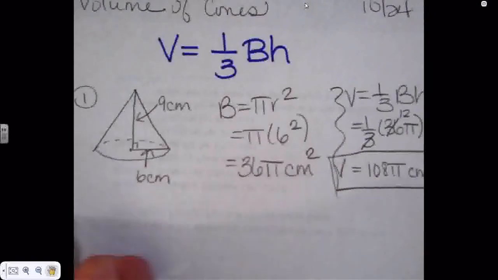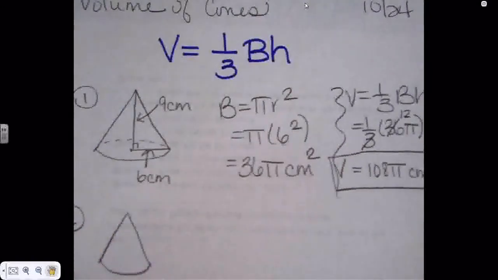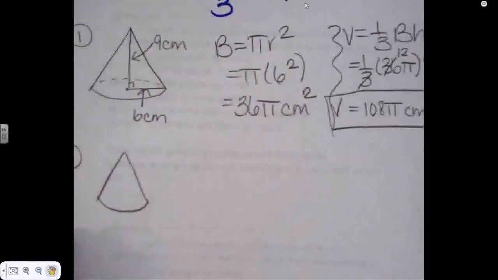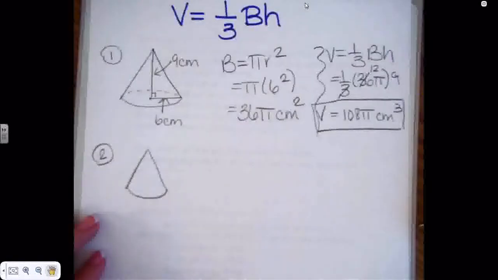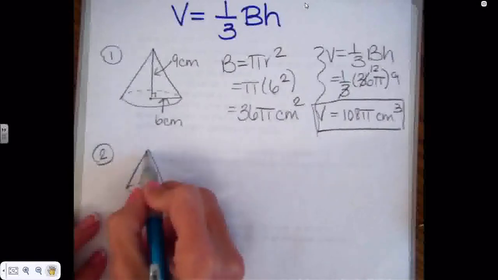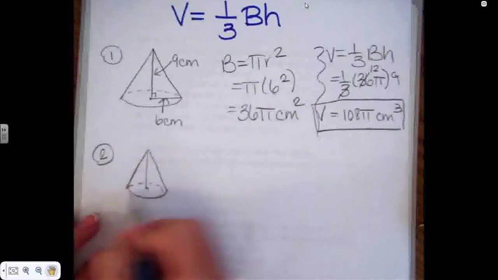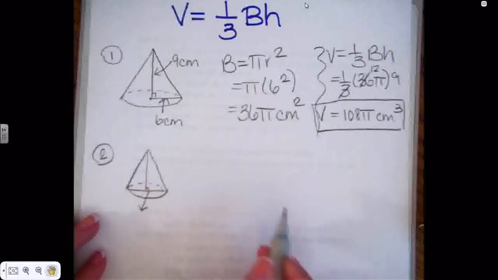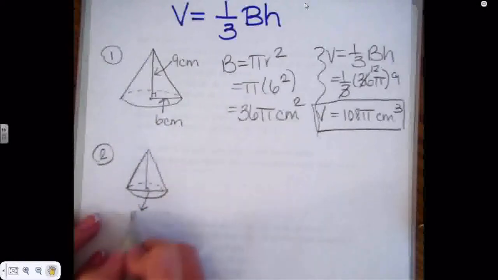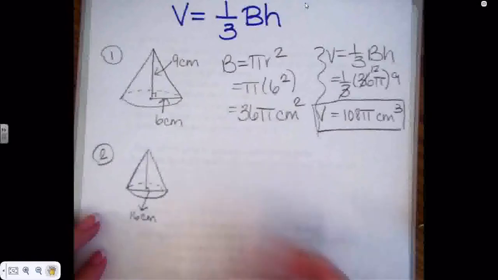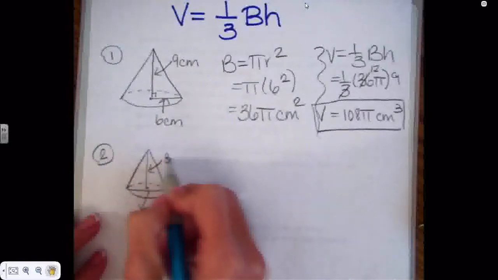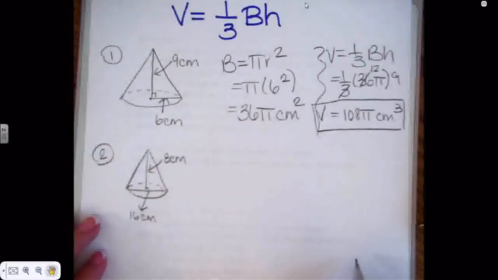Number 2. The distance of that whole line, which hopefully you realize is the diameter, is 16 centimeters, and the height is 8 centimeters.